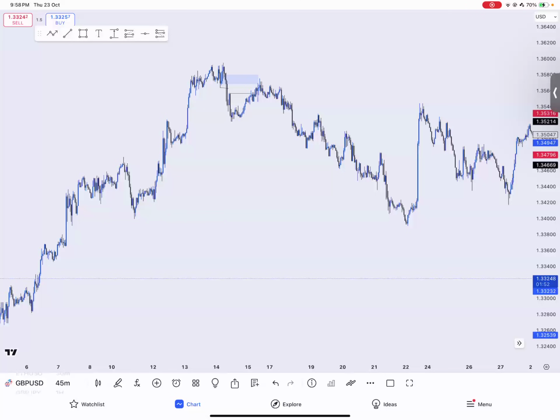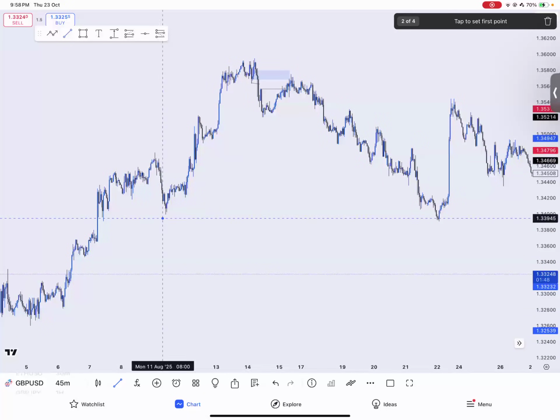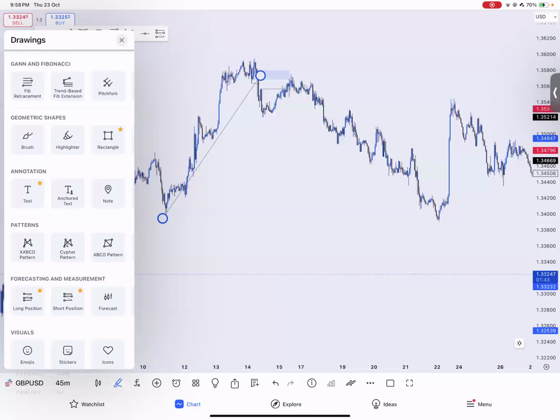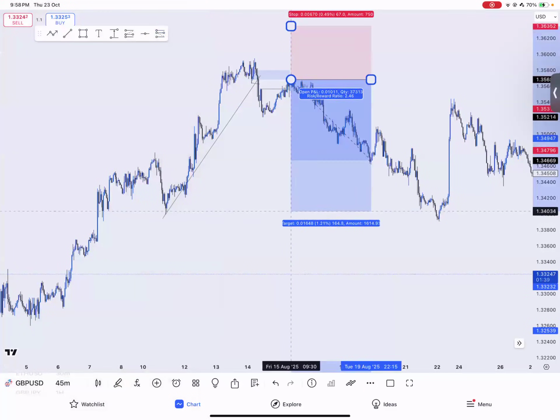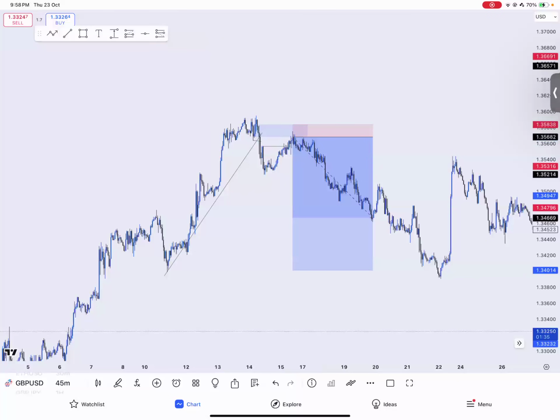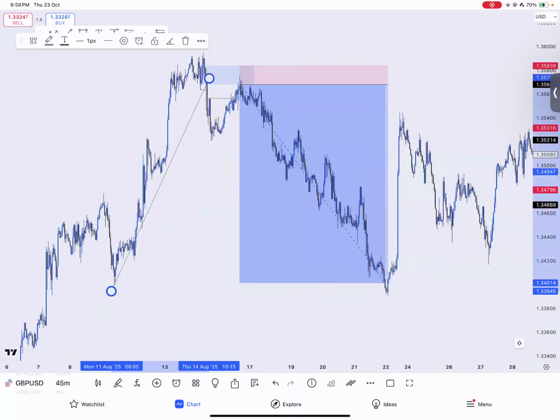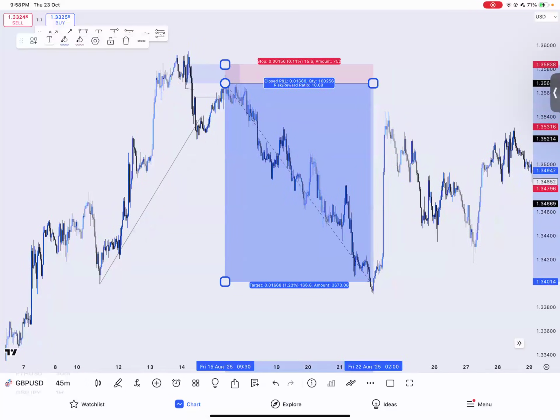Oh, I'm now confused, my take profit level will be, oh no, I'm so confused. Bam, trendline liquidity. See where the trend originated from.